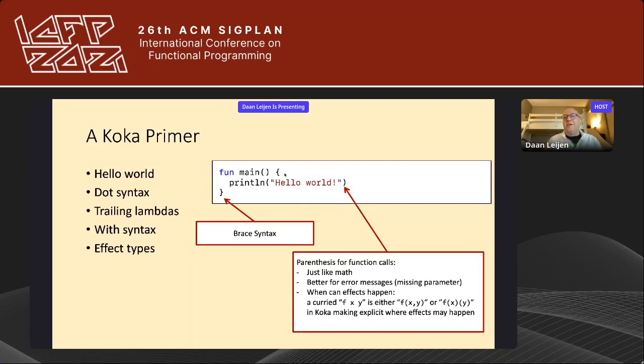In Koka, this becomes more explicit because you either have one function call with x y, or you have f applied to x and then the function is returned, and now you apply y. So for effectful languages, it's important to have multi-argument application to make that explicit.